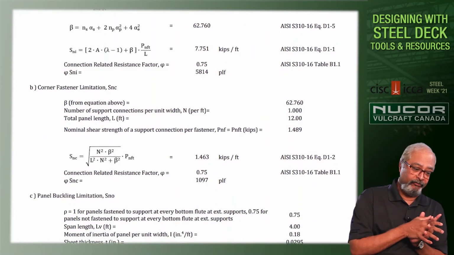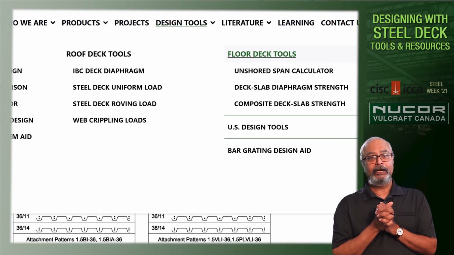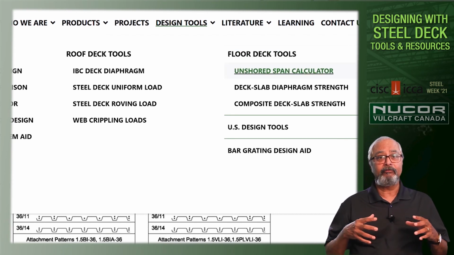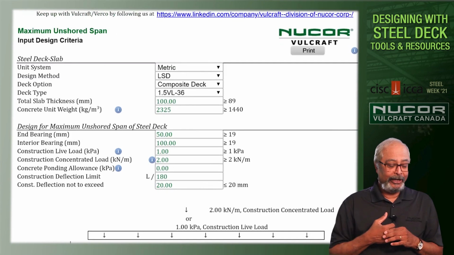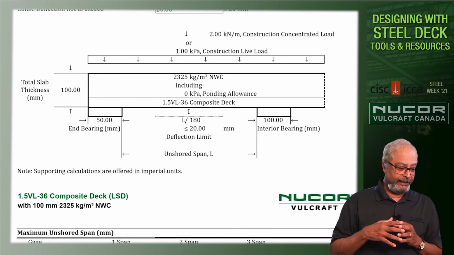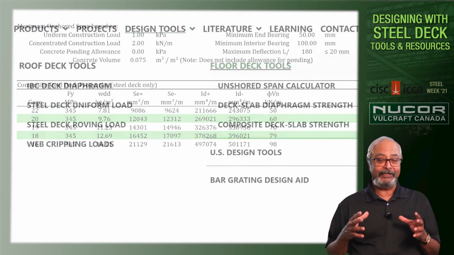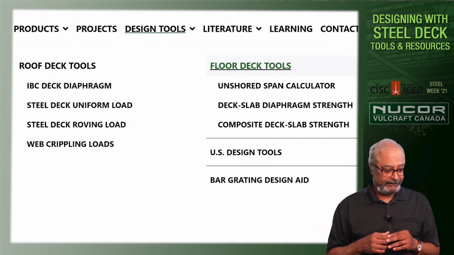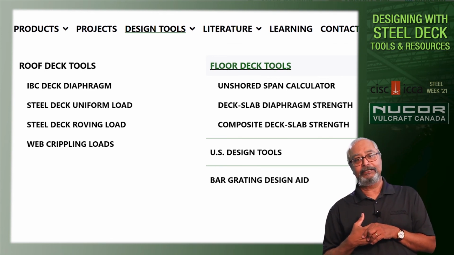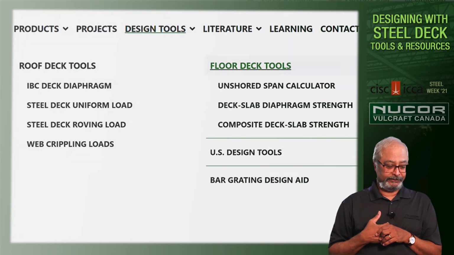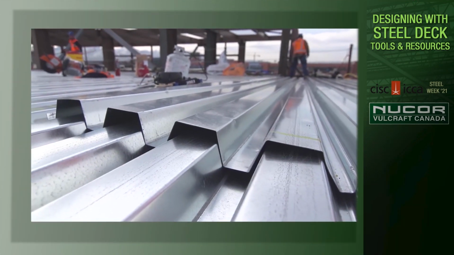You also have web crippling loads and steel deck roof loads. On the composite floor deck system, you have the unshored span calculator, the deck slab diaphragm strength calculator, as well as the composite deck slab strength calculations. So let's go into these specifics.